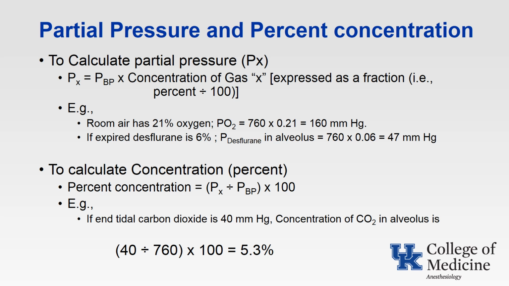PO2 is 760 times 0.21, or 160. If the expired fraction is 6%, the partial pressure in the alveolus is 760 times 0.06, or 47 millimeters of mercury. To calculate the concentration, it is given by this formula.